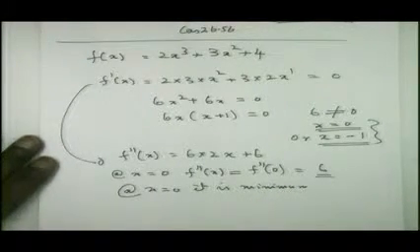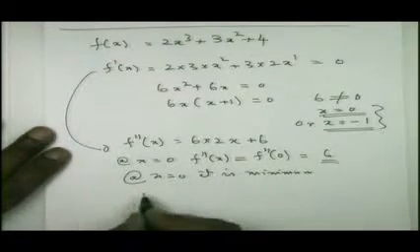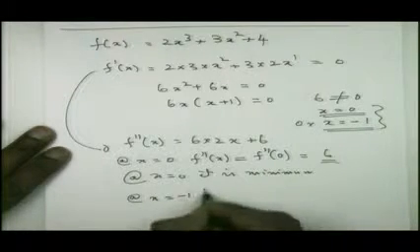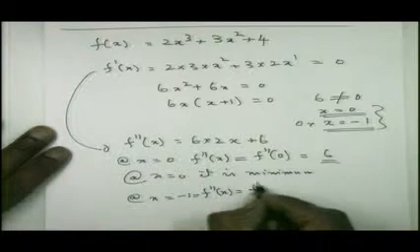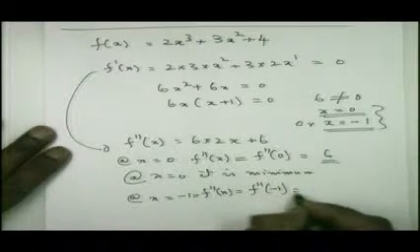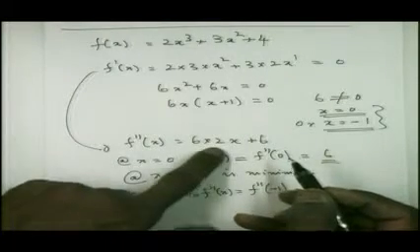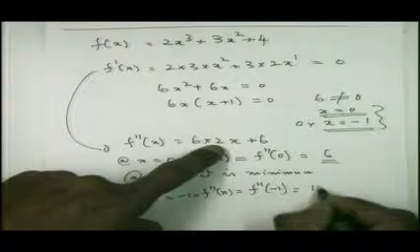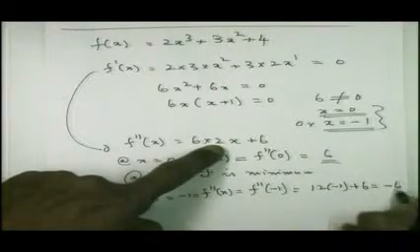And look at x equal to minus 1. At x equal to minus 1, f double prime of minus 1 equals, what do I have? 12x plus 6, so this is 12 times minus 1 plus 6, which is equal to minus 6.